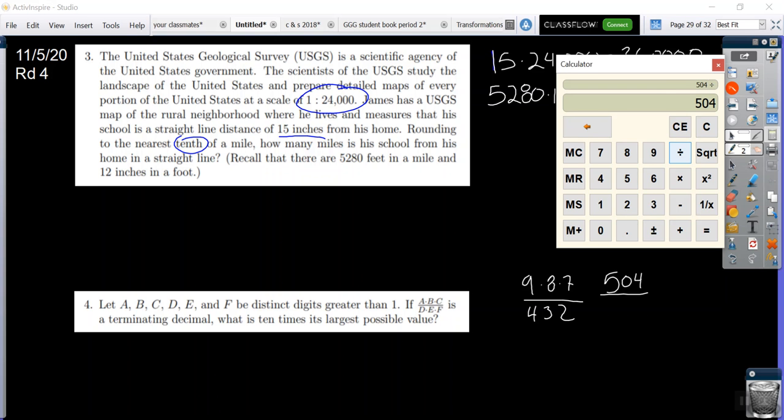So we're going to divide this by 24. And I get 21. Now, we don't want the actual number. We want 10 times the largest number, because it says 10 times right here. So 10 times 21 is 210. And that's it.